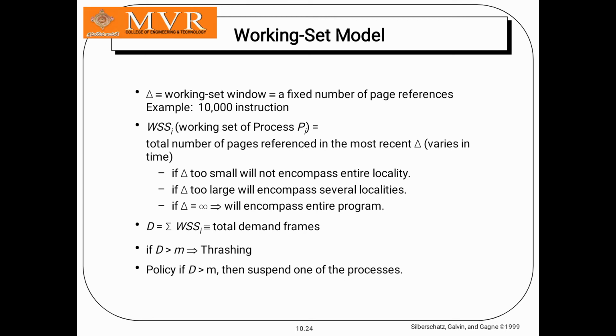That is, if the total demand for frames D is greater than the total memory, then thrashing occurs. So the policy is: if D is greater than M, then suspend one of the processes.